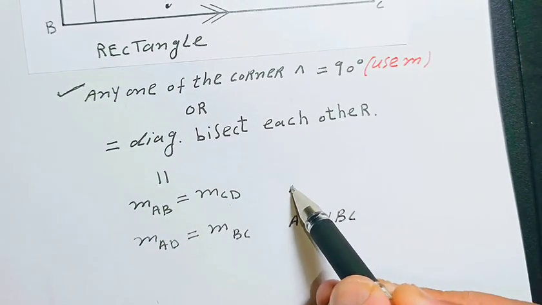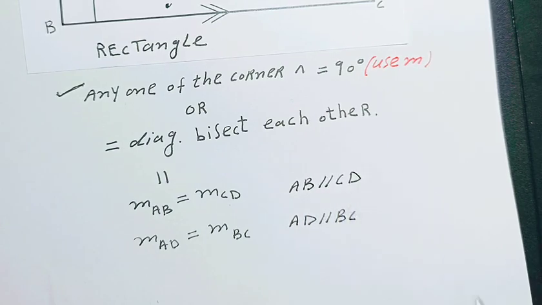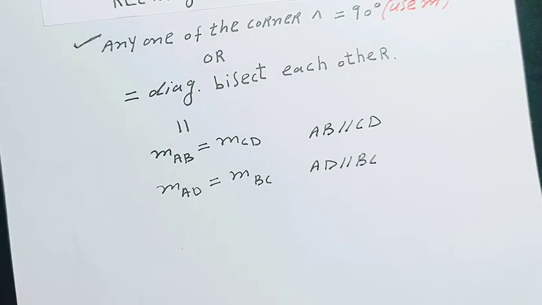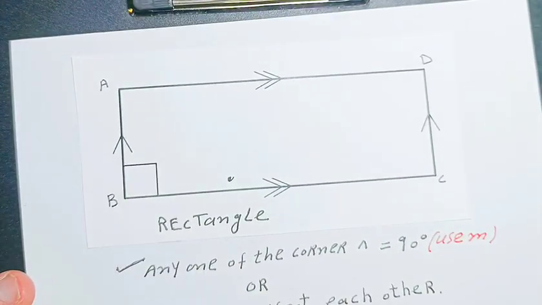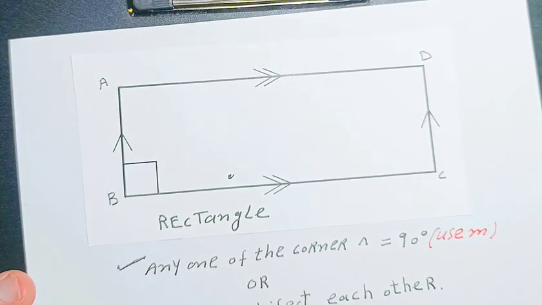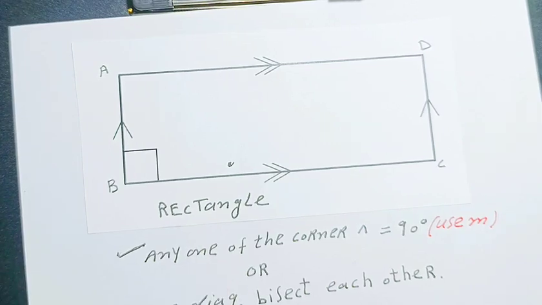And then this is going to be AB parallel to CD. Now, if you need to prove that this corner angle is 90 degrees, then obviously I need to prove the adjacent sides. What is the adjacent side?